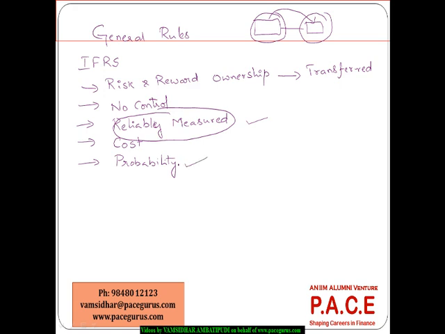I should be very much sure that I would be getting the money for the service that I have performed, and to what extent the service is complete. How do I define the completion of that particular service? I should have a mechanism for it, and whatever cost is incurred in rendering that service, I should be able to measure that cost, right?